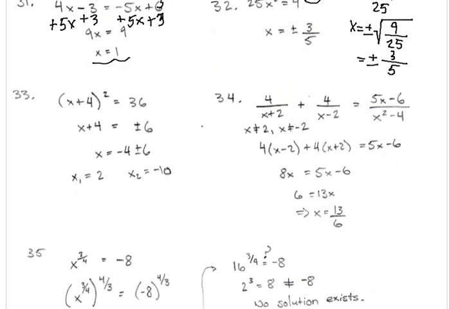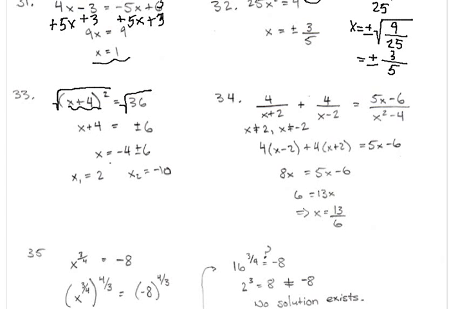In number 33, you could do first, outside, inside, last, and then solve it with the quadratic equation, but that would be the long and hard way. Instead, we can take the square root of this expression, which is squared, which gives us x plus 4, whatever's on the inside. The square root of 36 is either plus or minus 6, and then we subtract 4.